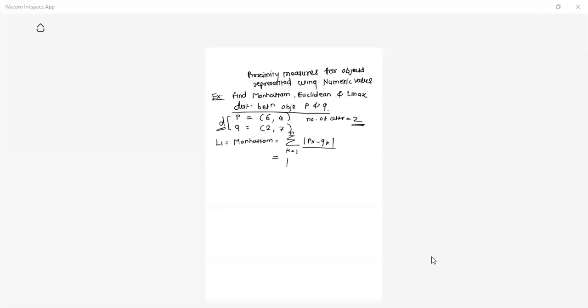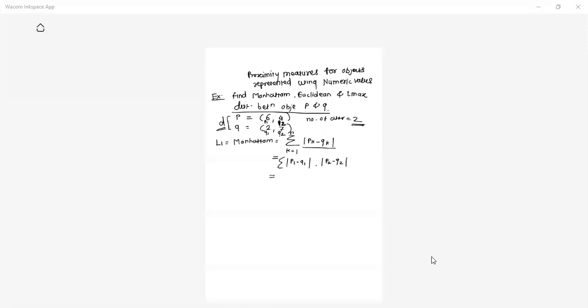Assume this is my p1, this is q1, this is p2 and this is q2. So my equation becomes the summation of p1 minus q1 and p2 minus q2.